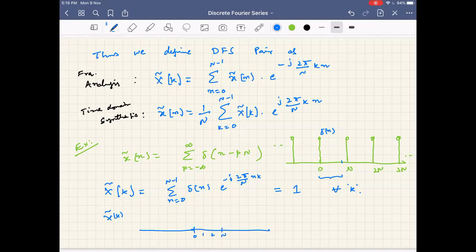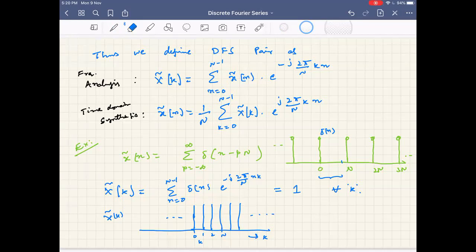In that case the signal will be 1, 1 here, and then it will repeat again here, and so on. The axis is k. So you can write simply 1 for all k. This is one example.